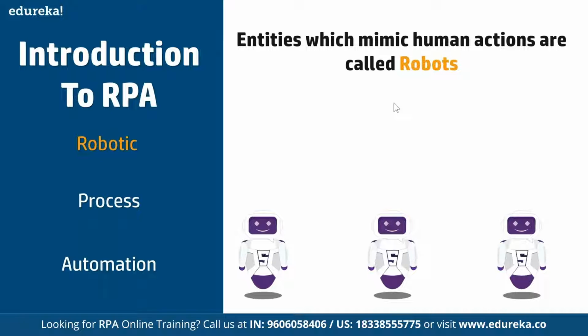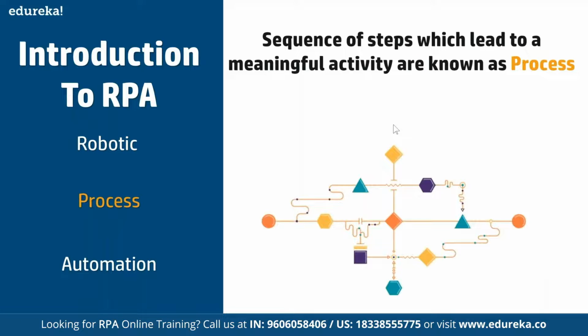Then what is a process? A process is nothing but a series of steps taken in a particular order. Say there are 5 or 6 steps, but if I'm not taking them in a particular order, then they're not leading to any meaningful outcome, and we don't really call them a process. And automation is when something happens without human intervention.